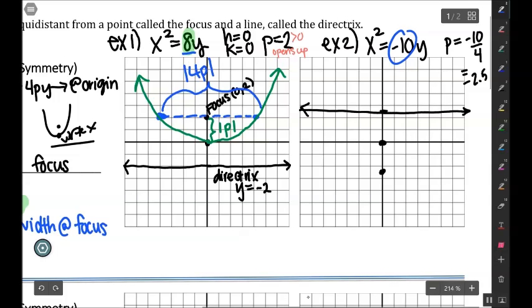And that's going to be the width of the parabola at the focus, which is right here. So I'm going to go left and right 5. 1, 2, 3, 4, 5. 1, 2, 3, 4, 5. And then I can connect my vertex to those points. And there's my parabola.